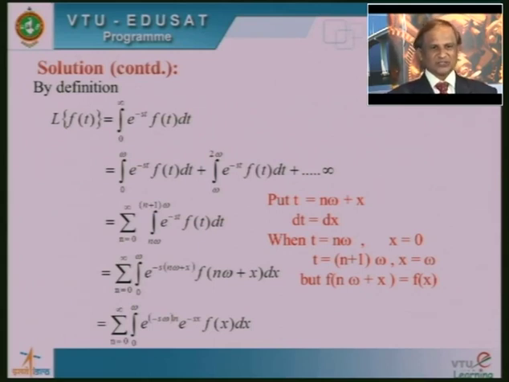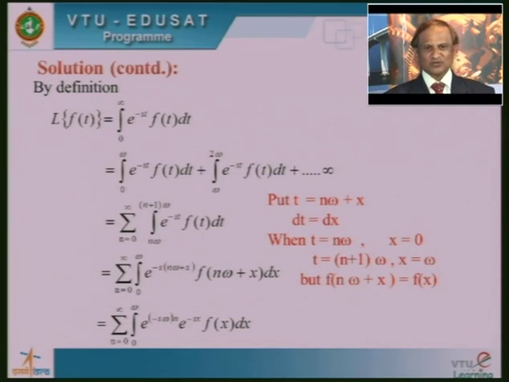What will you get? You will get the summation from n = 0 to infinity of the integral with lower limit n omega and upper limit (n + 1) omega of e^(−st) f(t) dt. Is it clear?